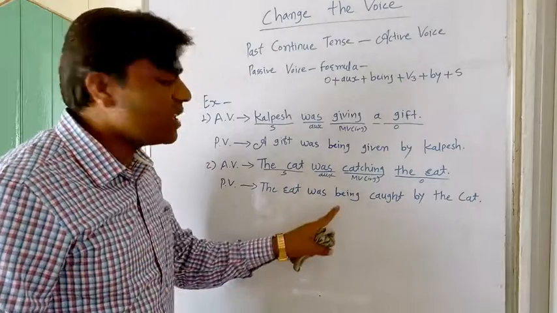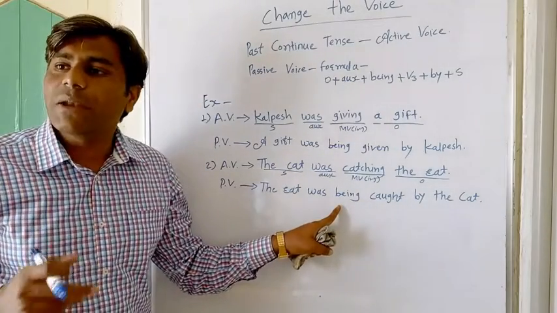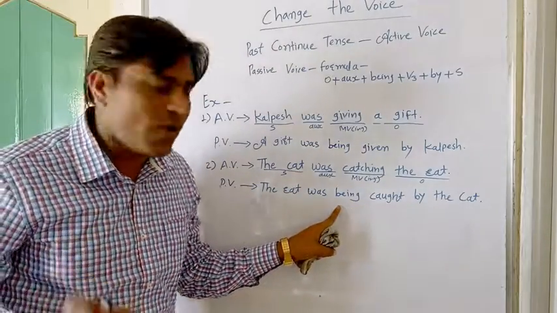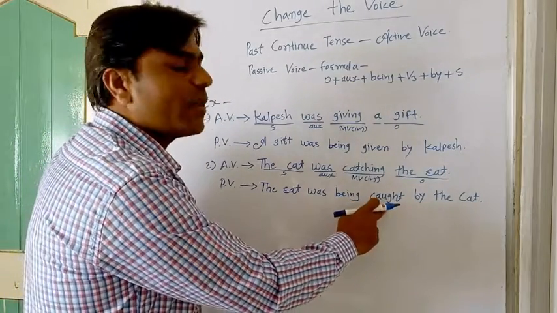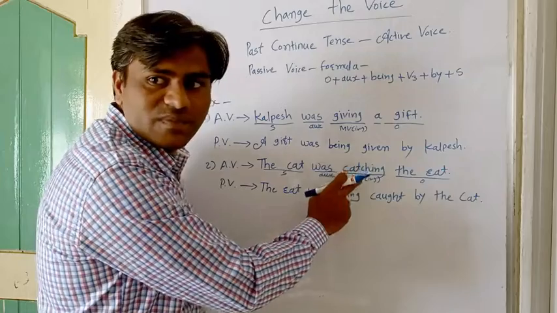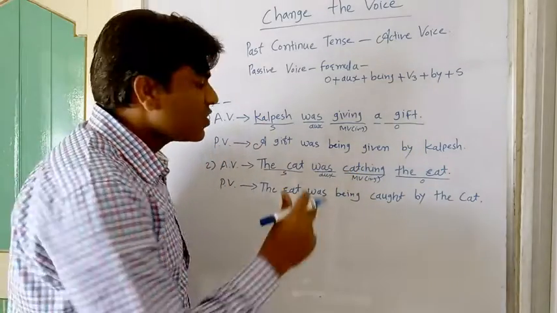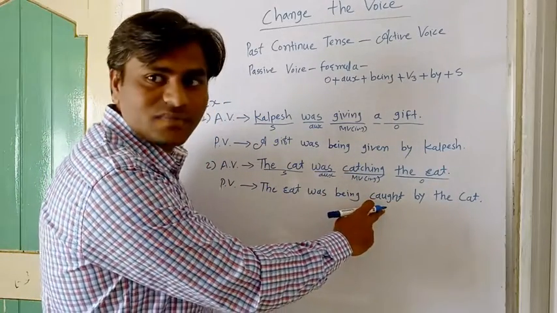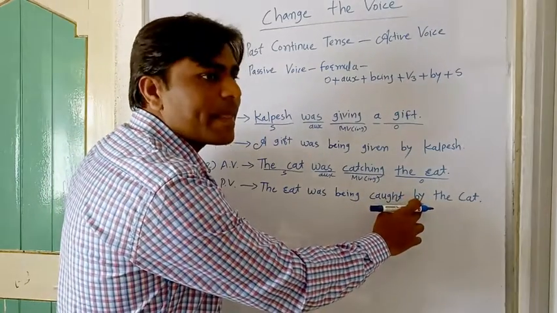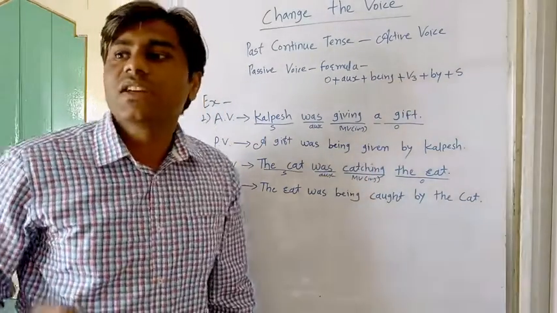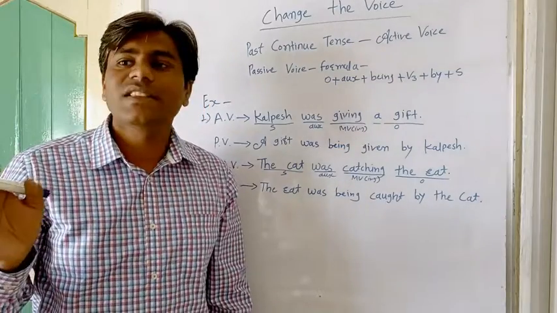Okay. Because we are learning the continuous form and being is in the continuous form. Then we use the verb's third form. The verb is catching. So we use here caught. Then after caught we use by. And then after that we use the subject, that is the cat.